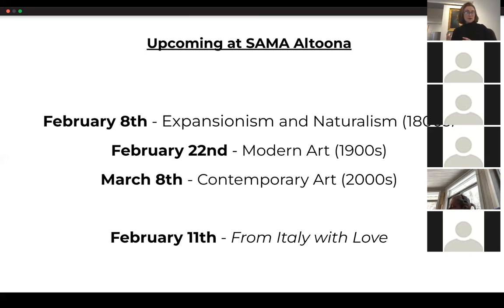February 22nd, we're going to be looking at modern art, really the turn of the century, 1900s, and all these new mediums coming out. And then March 8th, we're going to discuss contemporary art. This one's going to be a little bit more of a discussion because it's not as historic. It's asking you to join in about what you think is coming with contemporary art and sharing some exciting things that have happened lately.